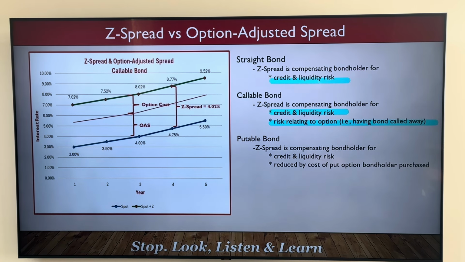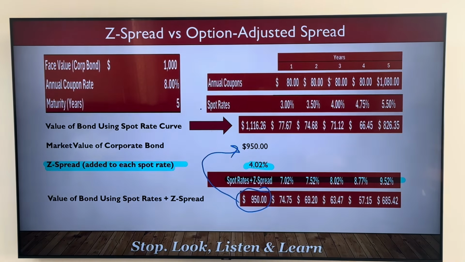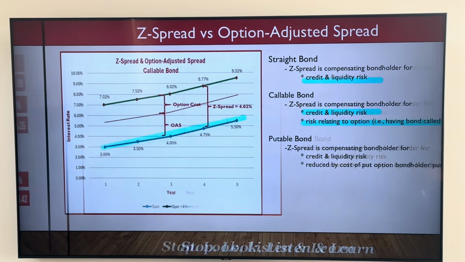And so if we look at the diagram here, we see this line here. This represents the spot rate curve, and you can see it tracks the rates over here.